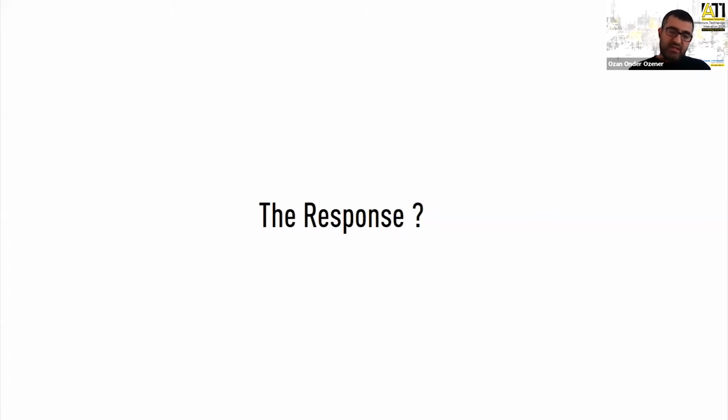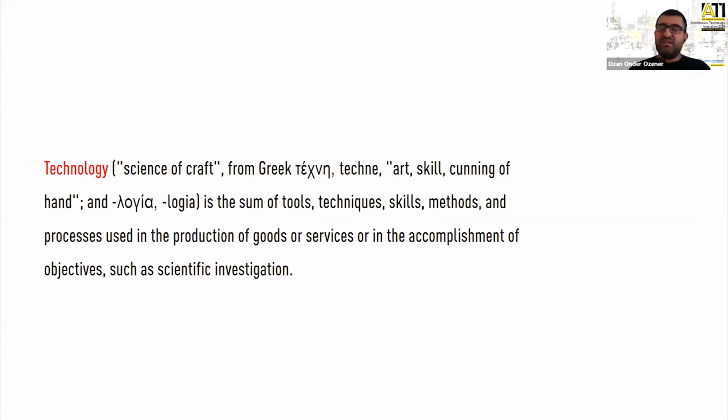So then we need to understand the notion of technology. What is it and how can we adopt it? Technology in a nutshell, this is from Wikipedia, and it's a very nice definition: looking at it from a dictionary point of view, it is a sum of tools, techniques, skills, methods, and processes for production.